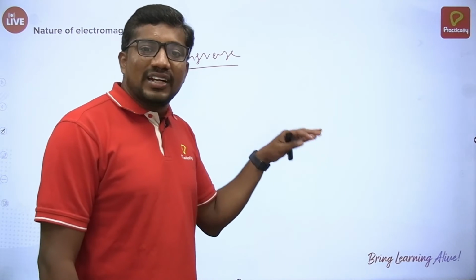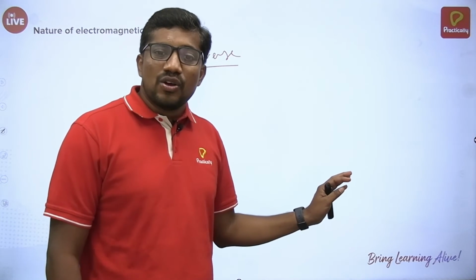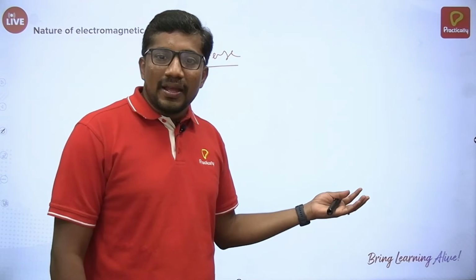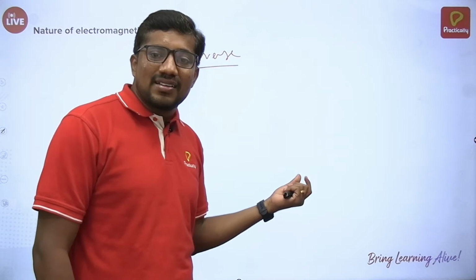Later, after the discovery that electromagnetic waves are non-mechanical waves for which a medium is not required, the visible rays, that is nothing but light rays, are one part of them.